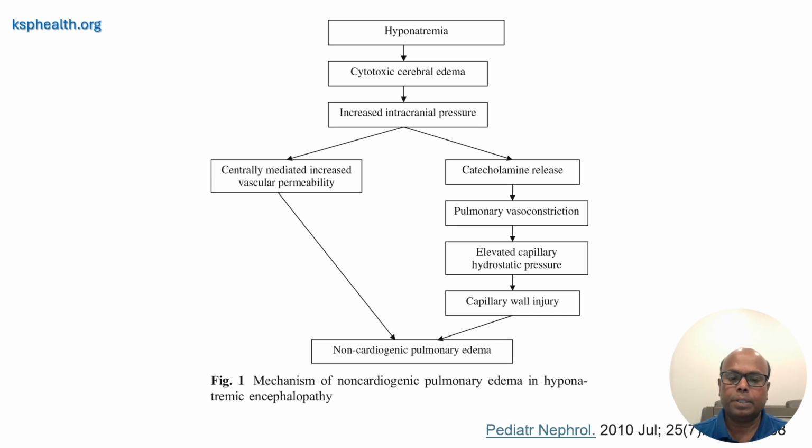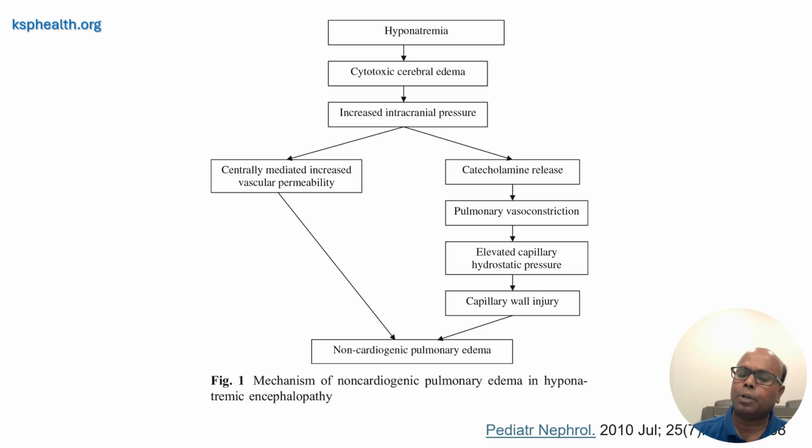This picture depicts the mechanism of non-cardiogenic pulmonary edema in hyponatremic encephalopathy. As you can see, as a result of hyponatremia, cytotoxic cerebral edema happens. The resulting increase in intracranial pressure can cause increased vascular permeability, which is centrally mediated.